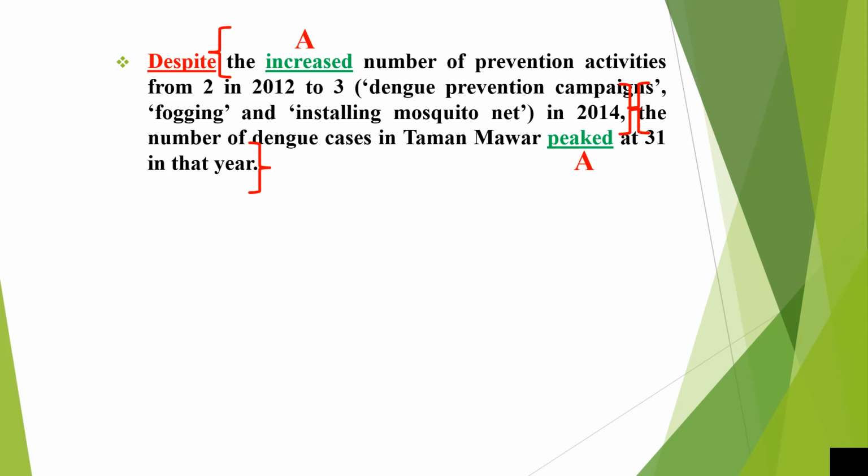And of course, the rest of the information is put together here: the key features, the data, and the time frame in that year, together with the correct subject reference. This is another A. And the link has been made by the linker despite. Despite is to show negative cause effect. So it is correctly written. The whole thing is a synthesis.